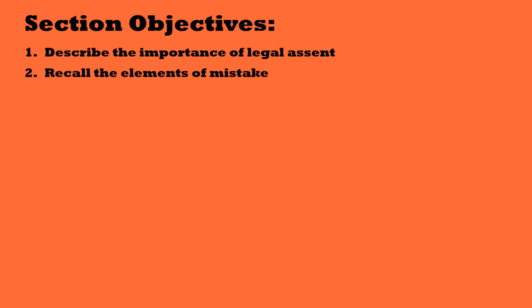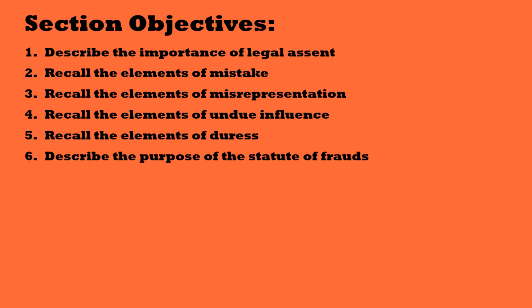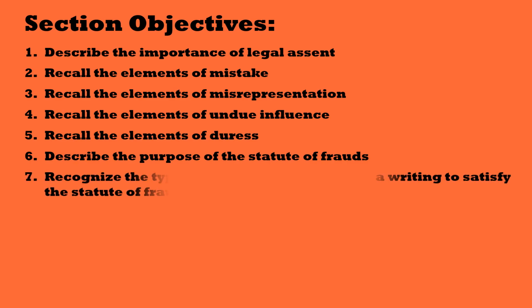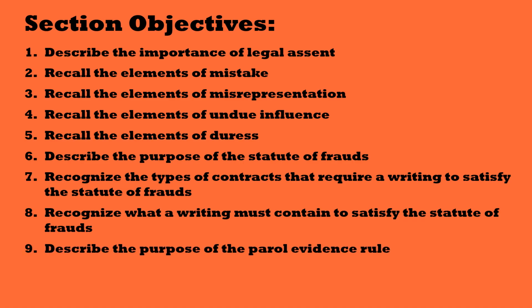Second, recall the elements of mistake, recall the elements of misrepresentation, recall the elements of undue influence, recall the elements of duress, describe the purpose of the statute of frauds, recognize the types of contracts that require a writing to satisfy the statute of frauds, recognize what a writing must contain to satisfy the statute of frauds, and finally, describe the purpose of the parole evidence rule.